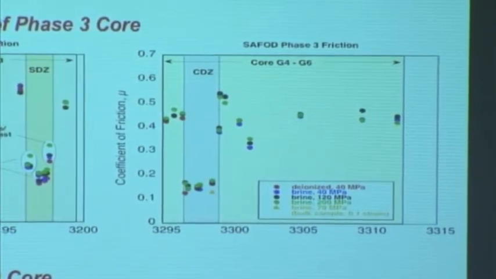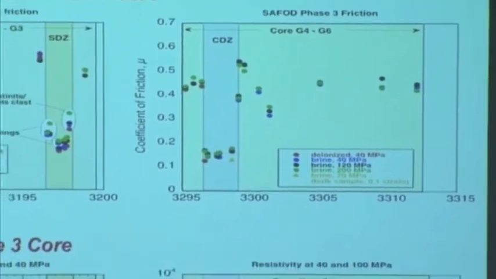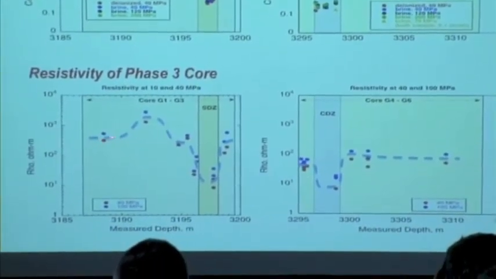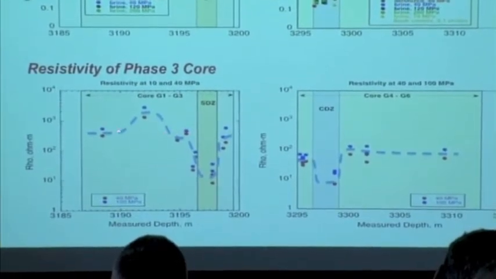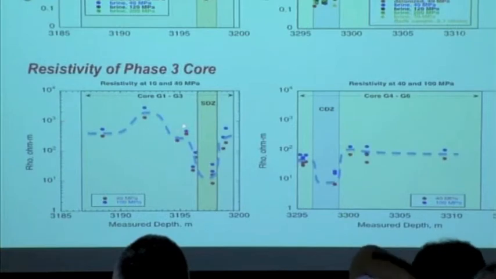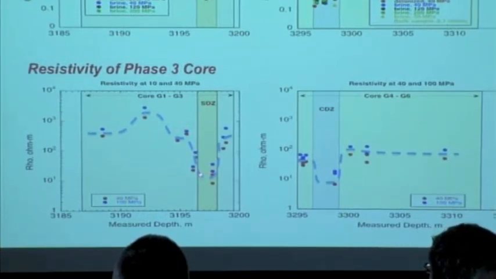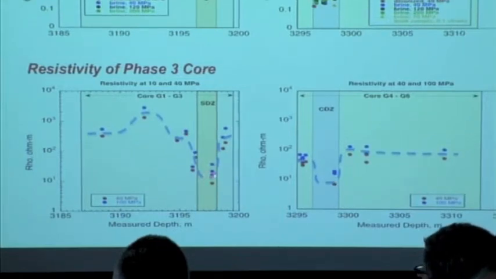So for comparison, here now is the resistivity plot that I showed from the data in the previous slide. And we see in the host rock, we have relatively high resistivities, about 1,000 ohm meters. But we get into the actively deforming zone, and it drops down by 1 to 2 orders of magnitude in resistivity, and then recovers in the damage zone to the right here.